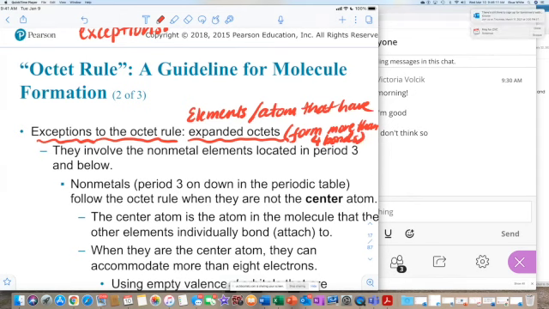They're able to be surrounded by more than just 8 electrons. So they are beyond octet. There is no dectet rule or anything like that, so we just call them exceptions to the octet rule. So what are these elements? We're told they involve the nonmetal elements located in period 3 and below.